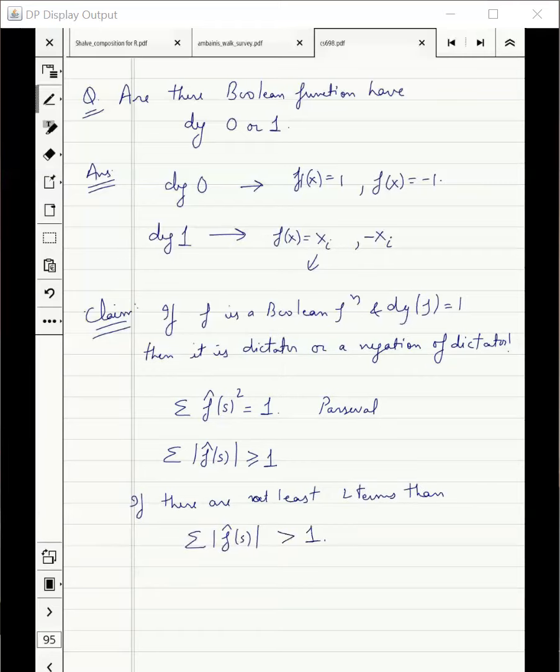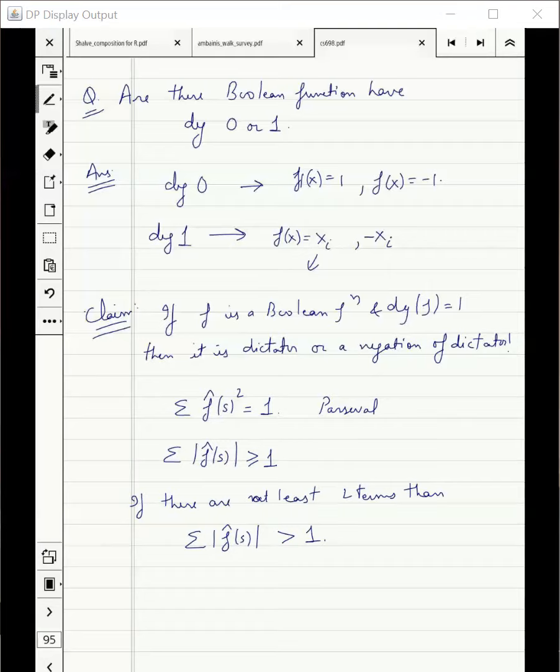Sounds good? The only way the summation of the cardinality of f at s could be equal to 1 is when there is a single Fourier coefficient whose value is 1. If there are two Fourier coefficients, then going from f at s squared to f at s, I will increase the value, right? These are very simple statements about numbers, which people know in 8th class.